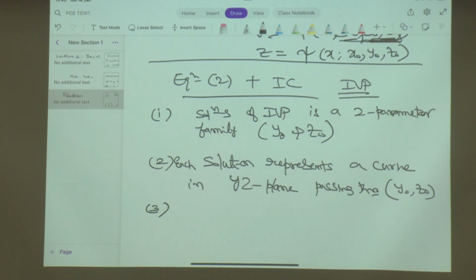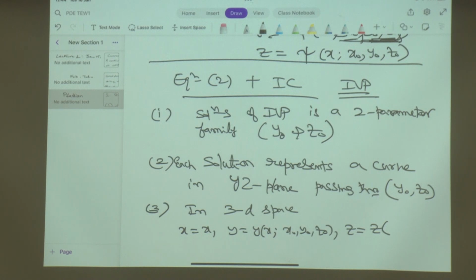Now, in the three-dimensional space, that is, I am going to involve x also. What do you have? x equal to x, y is a function of x. In other words, this is the graph of the solution. x, and then you have x0, y0, z0. So I have 3 coordinates in R3, right? x, y, z. First coordinate is x.